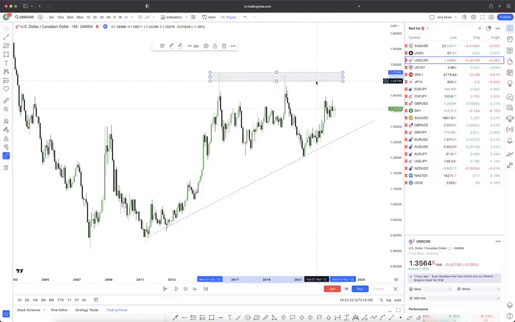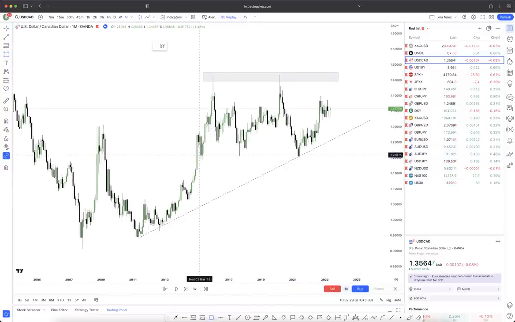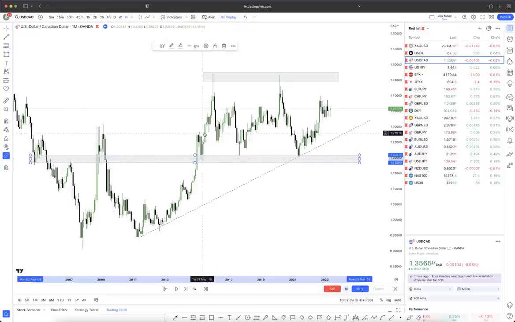And then the second key zone I also identified on the monthly time frame is my support. In my previous videos, I usually say that we buy off the support and also sell from the bounce off the resistance.